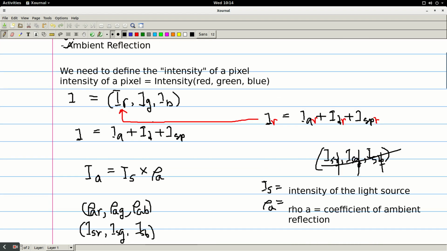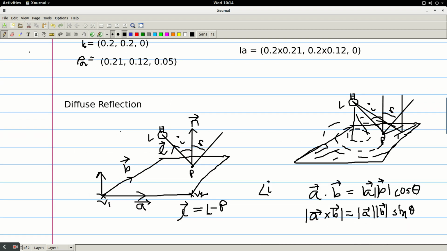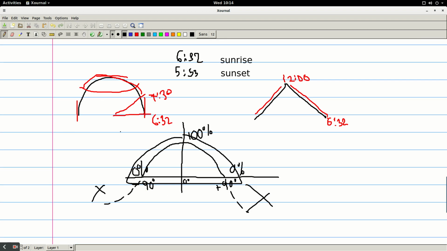Now, if you look at the model that we had for the ambient reflection, we have intensity of the light source times the amount of light being reflected by that particular material. We'd have a similar calculation for this one as well, right?